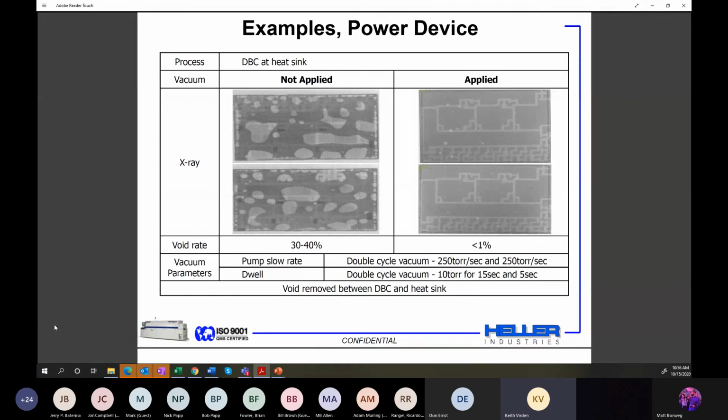Here's a heat sink, again, 30 to 40% voids. And then what we did was, this was a double cycle, so we took it to 10 torr. We dropped it down, held it for 15 seconds, and then took it down again and held it for 5 seconds.